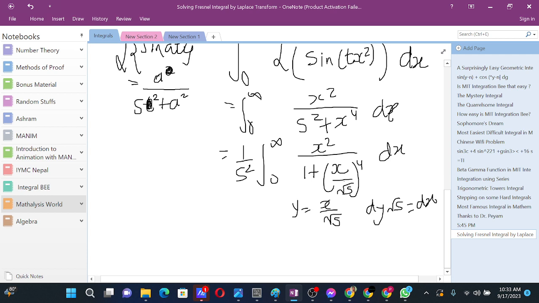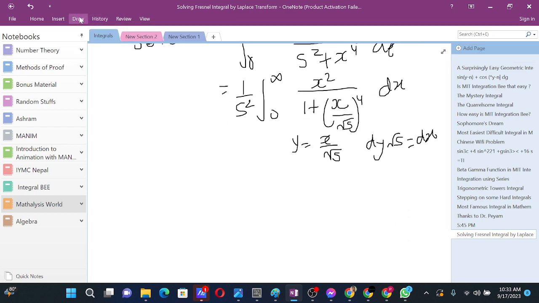Note that we are trying to change it to the form where we can use beta gamma functions. You will see in a moment how the beta gamma function comes into this integral from 0 to infinity.